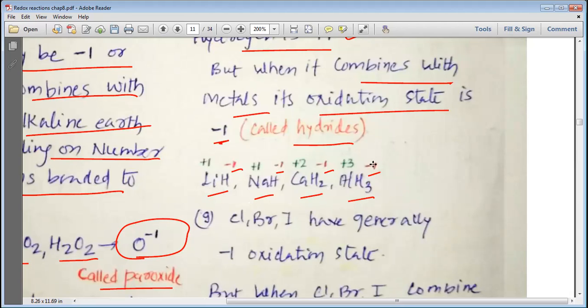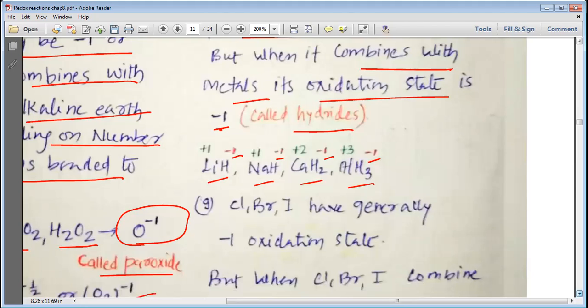So please remember, my dear students, that the oxidation state of hydrogen can be minus. Especially when it combines with the alkali metals or alkaline earth metals or aluminium, its oxidation state is going to be -1, because hydrogen is more electronegative than all these metals.